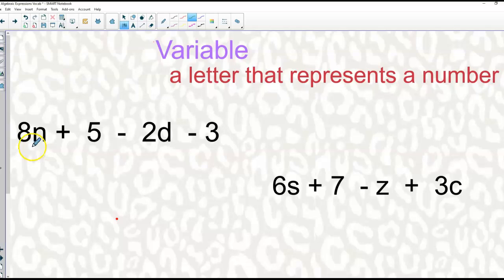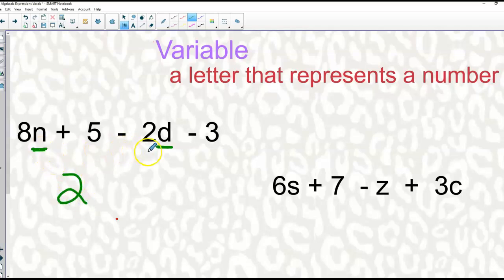So in this one, my variables would be N, I'm just going to underline them here, and D. That's the only letters that are in there. There's no other letters. We have a 3 and a 5 and an 8, but they are not letters. So if you were asked how many variables are in this expression, you would be able to say that there's 2.